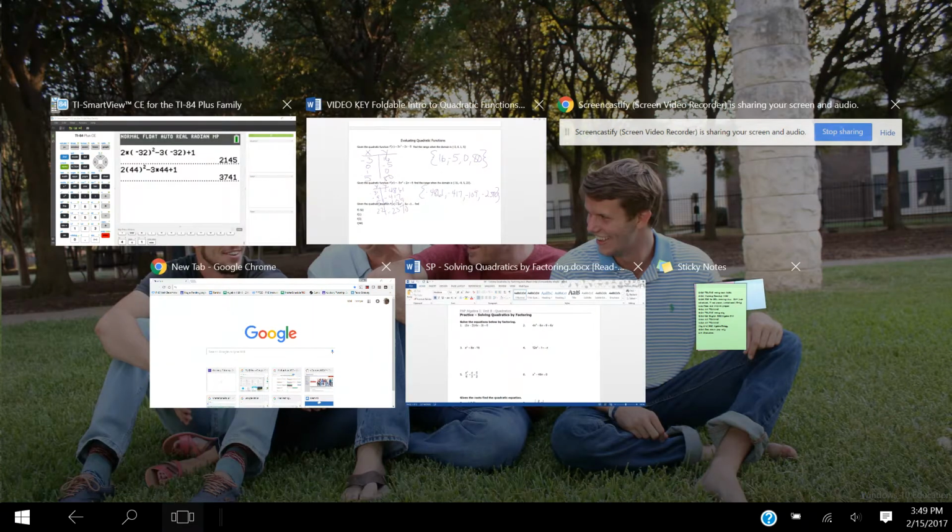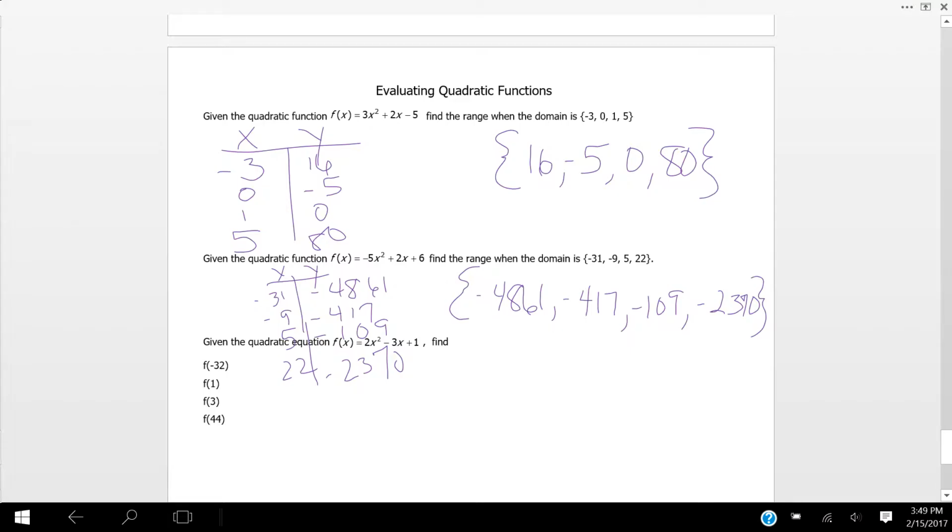Alrighty, back to our notes, and I'm not going to have room, so I shall write them over here. We have negative 32 and 2,145. We have 1 and 0, because I have 2 minus 3 plus 1, which is 0.